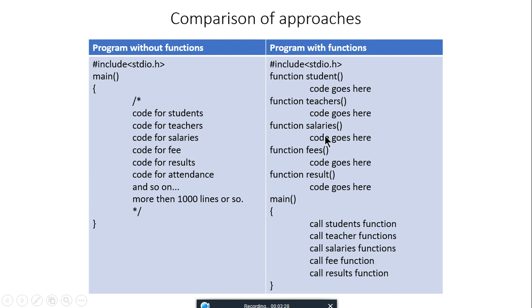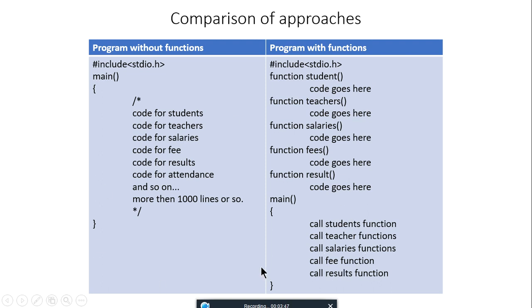But if you do it using functions, you can create all this code in separate functions, like function student, teachers, salaries, fees, result, and you can write the code related to the student module here, write the code related to the teachers module here, and so on. And you can call these modules inside the main function.